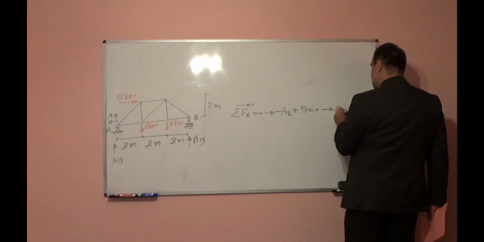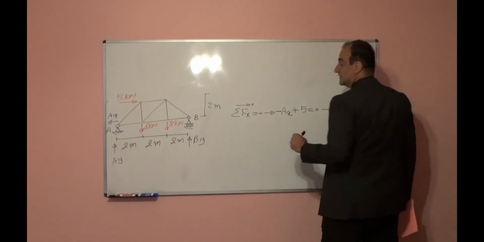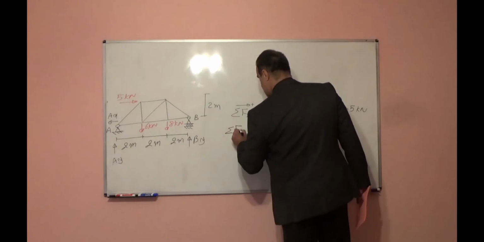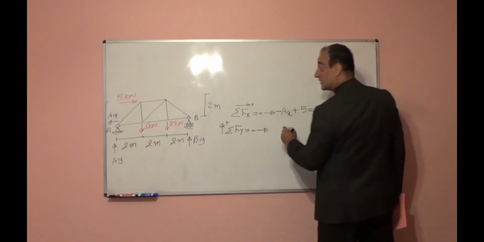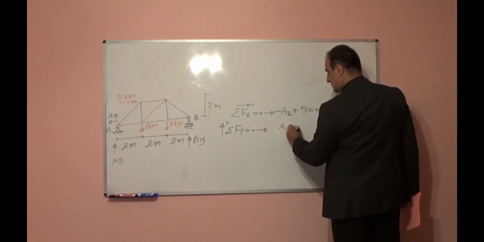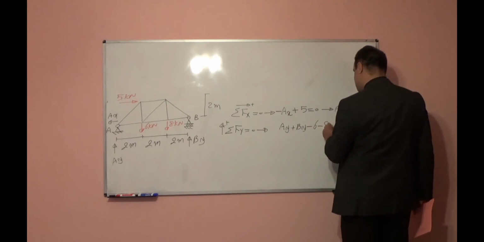From here, AX will be equal to 5 kilonewton. Summation of forces in vertical direction equal to 0. So I can write AY plus BY minus 6 minus 8 is equal to 0.